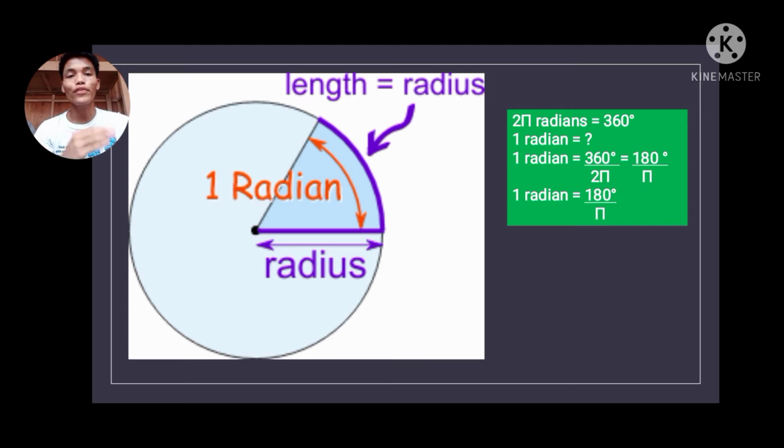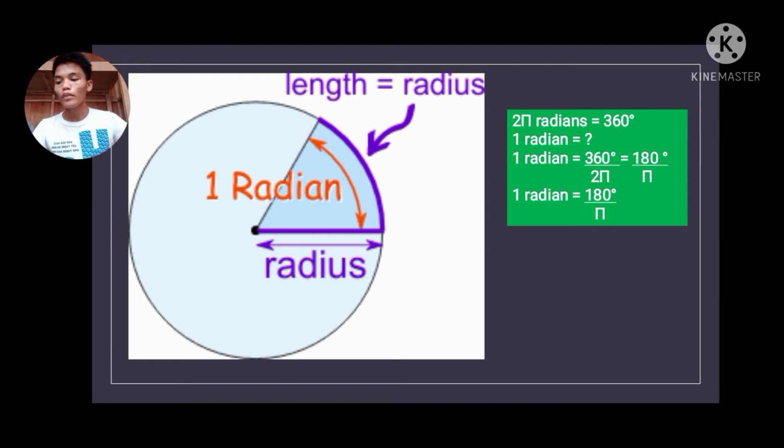We all know that the full rotation of a circle has 2 pi radians, and the full rotation of the circle in degrees is 360 degrees. Now, the question is, what is the equivalent of one radian? Is it true that the equivalent of one radian is equal to 180 degrees over pi?